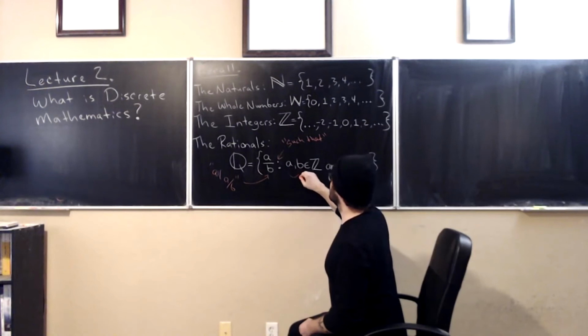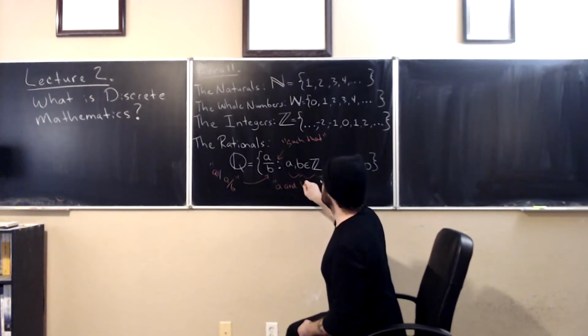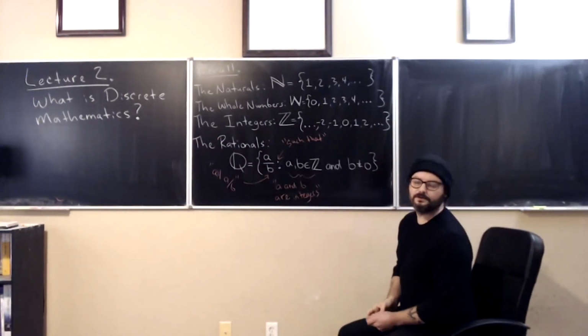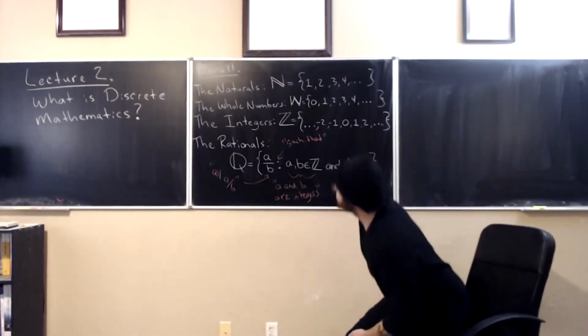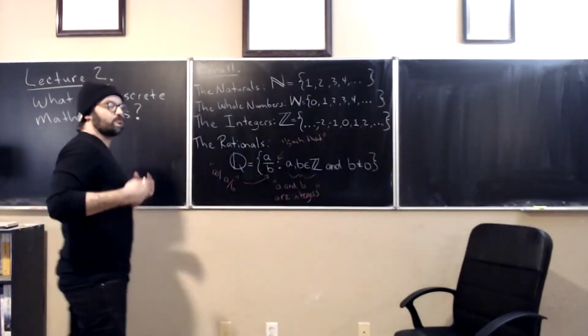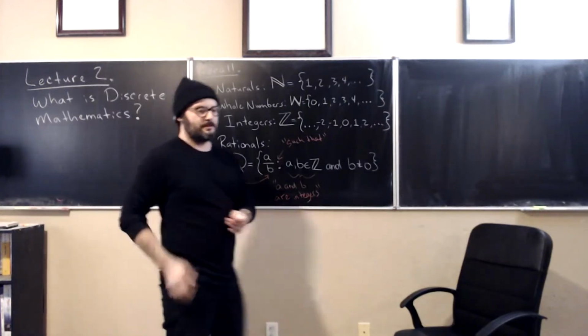So this right here just says A and B are integers. And then the rest you can read, right? So these are ratios of integers.